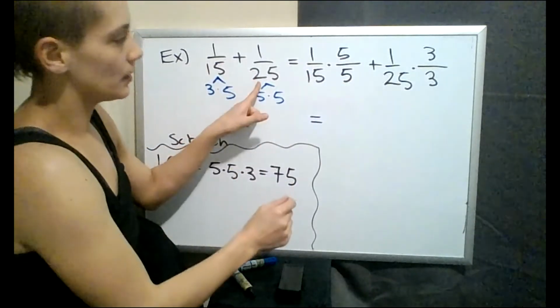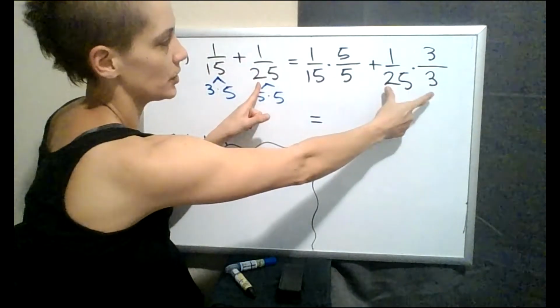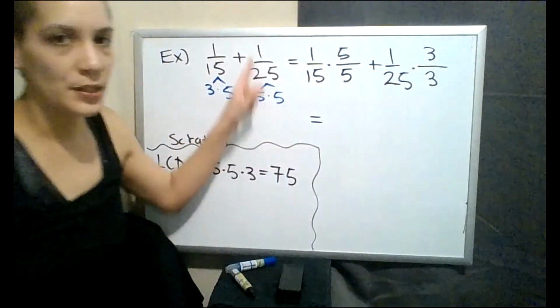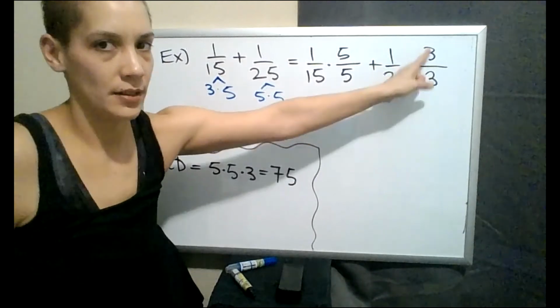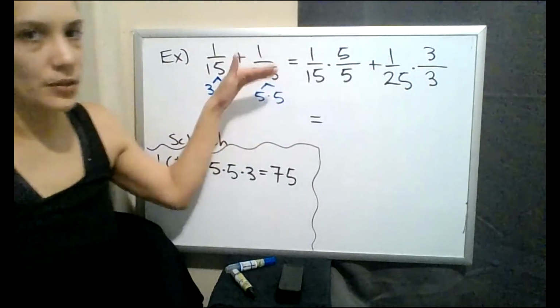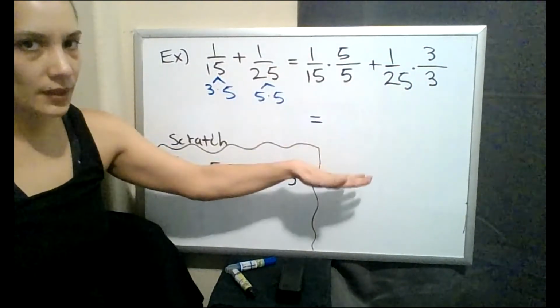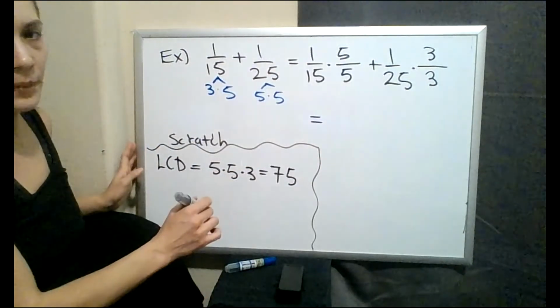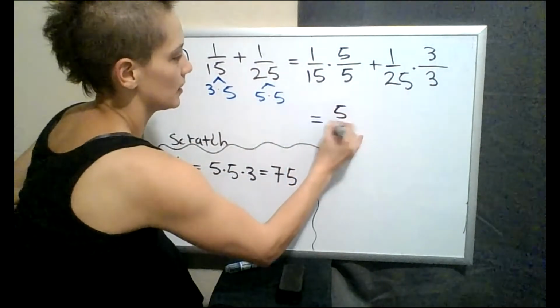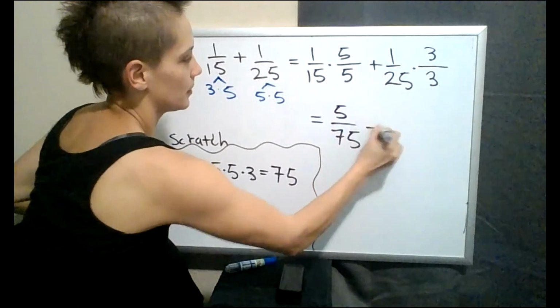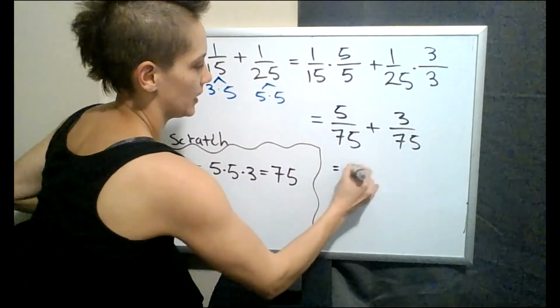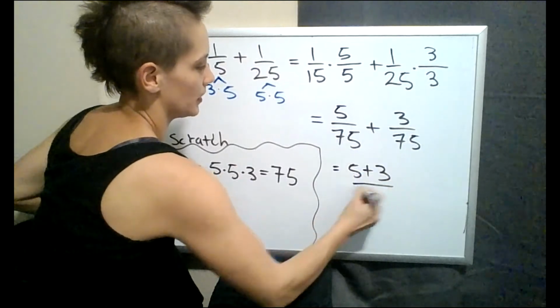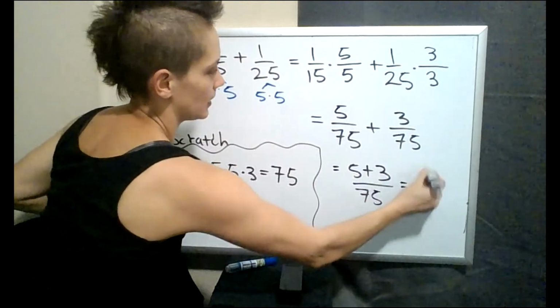Same for this fraction and this expression, they're the same. It's 1/25 times 1, but 1 is written as 3/3. So I haven't changed the problem. I just gave myself common denominators of 75. Okay, so 5 plus 3, 75 plus 8.